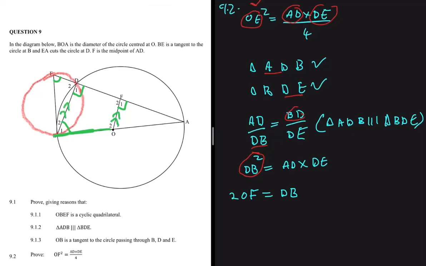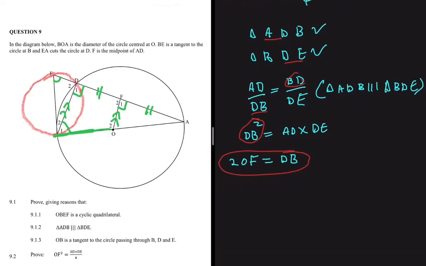OF is parallel to DB. But because F is the midpoint of AD, then we have AF being equal to FD. If AF is equal to FD, then OF should be half of DB. So that is why here I'm saying that 2OF is equal to DB, right?